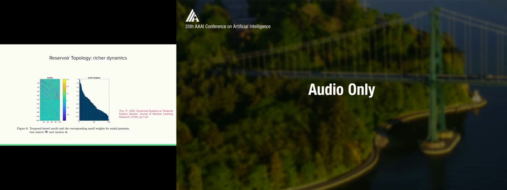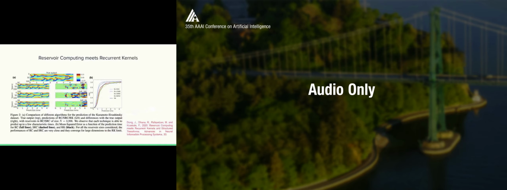The eigenvectors can be viewed as representative time series motifs, represented in the left part of the slide. The corresponding eigenvalues can be considered as weights and are represented in the right part of the slide.